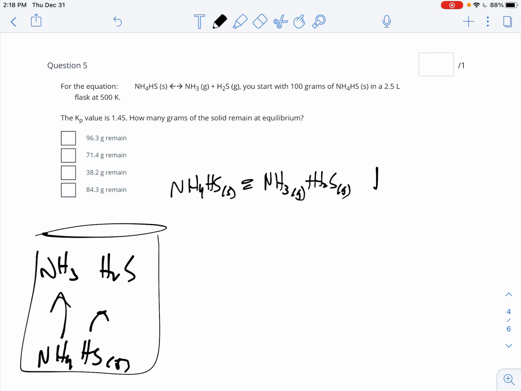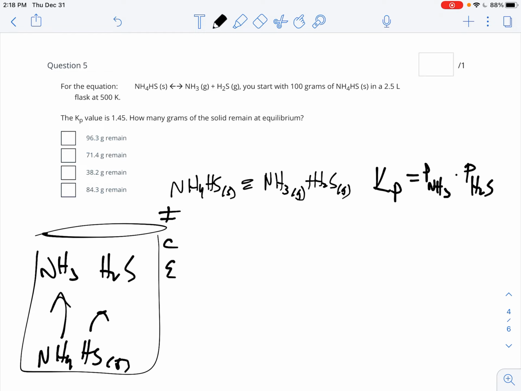And we're then going to know that Kp for this is going to be equal to the pressure of the ammonia and the pressure of the H2S, but it's not going to include this guy here because he's a solid. Doesn't mean he's not involved in the equation. It just means that he's not involved in the K equation because solids don't get to play in the K equations. All right, fine.